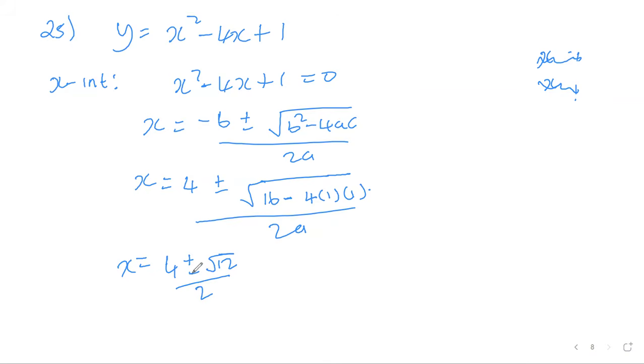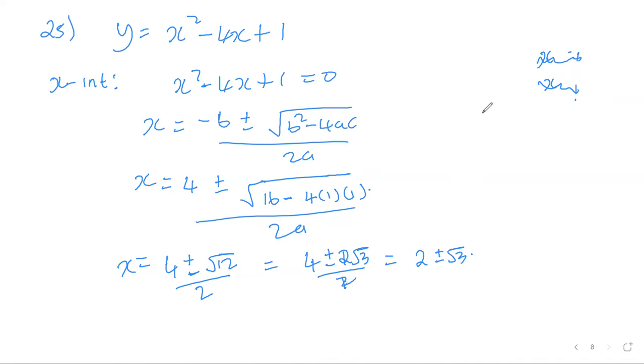The square root of 12 is basically 2 root 3. So 4 plus or minus 2 root 3 over 2: 4 divided by 2 is 2, and the 2 cancels with the other 2, giving 2 plus or minus root 3.